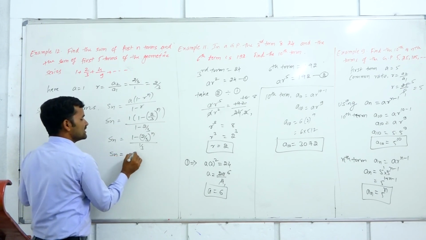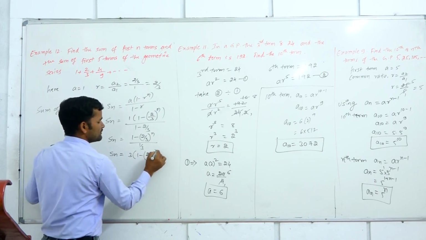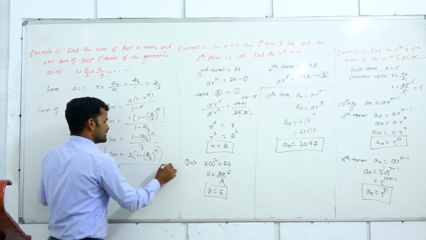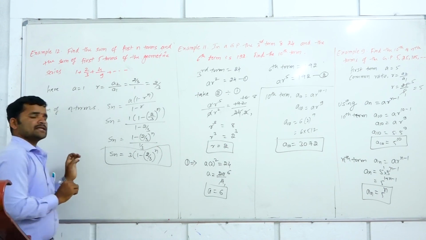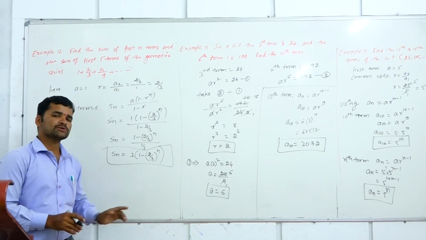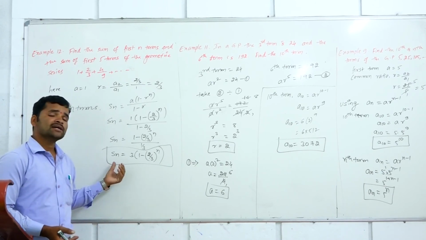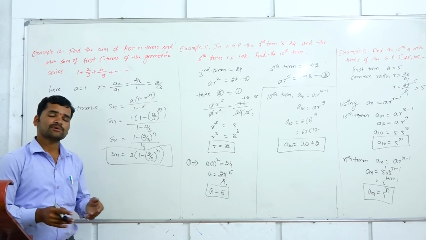Sn is equal to 3 into 1 minus 2 by 3 whole to the power of n. Very simple one. Sn indicates sum of n terms in general. If you substitute n is equal to 10 here, it gives us sum of first 10 terms. If you substitute n is equal to 20, it gives us sum of first 20 terms.